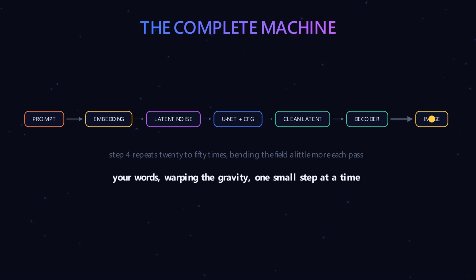Classifier-free guidance subtracts them, stretches the difference by your chosen scale, and produces one final, aggressively steered arrow. The particle steps along it, 20, 30, 50 times, the field bends a little more, the noise resolves a little further, until what's left is a clean point sitting in latent space, shaped like your words. Only then does the decoder unfold it back into the picture you actually see.